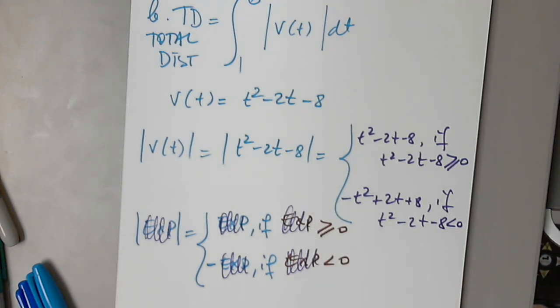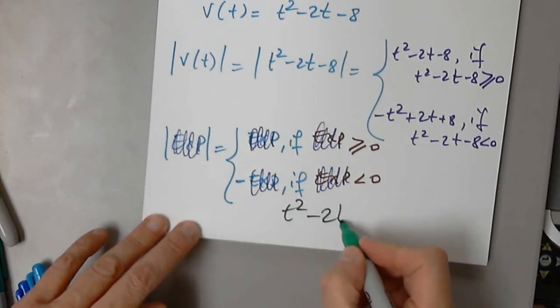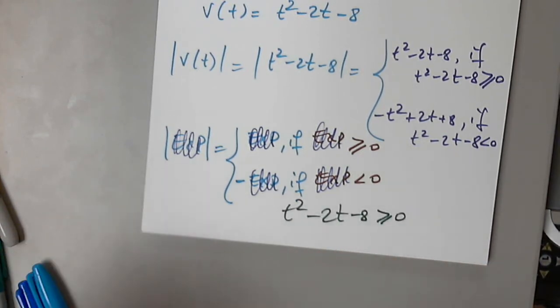Okay, so now at this stage I got rid of the absolute value, but I have a different challenge now. What is it? Solving this. How do I solve that? How do I solve the inequality t squared minus 2t minus 8 greater than or equal to 0?